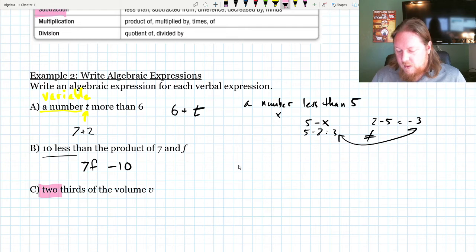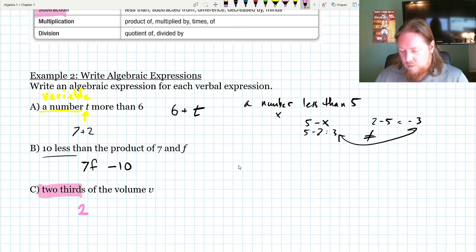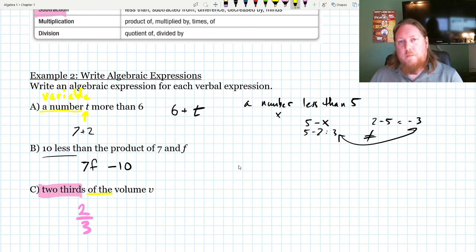2/3 is a wording that means fraction. And when I see of the volume, now of usually means multiply, but not always. So you have to be really careful and understand what's happening here.